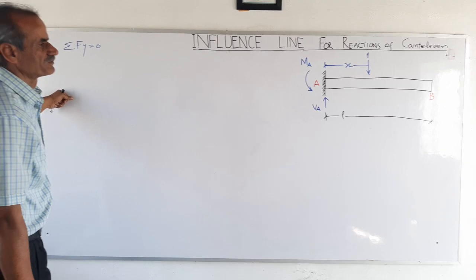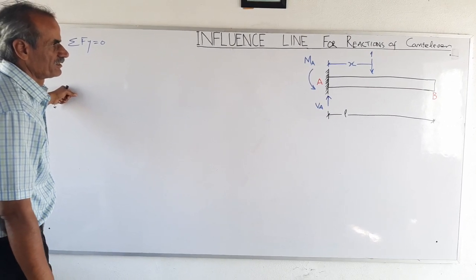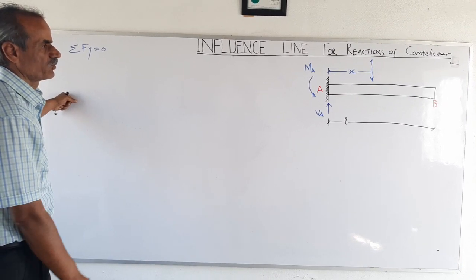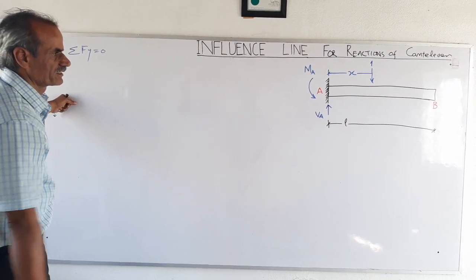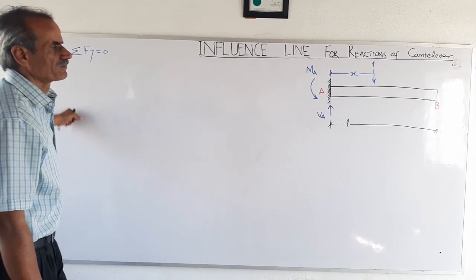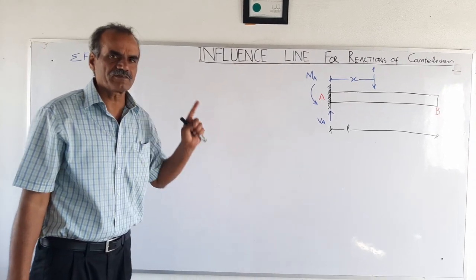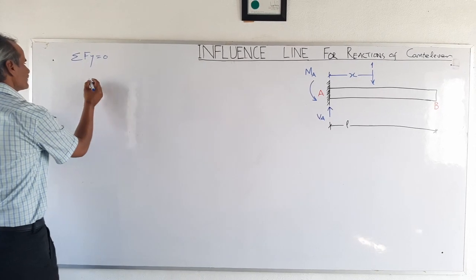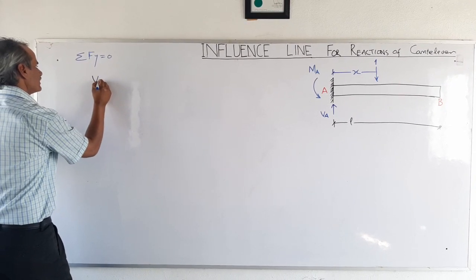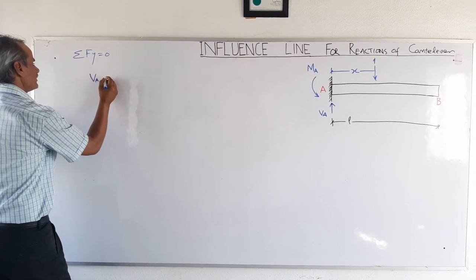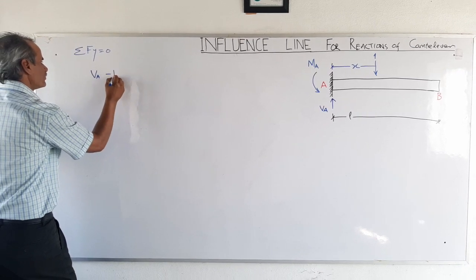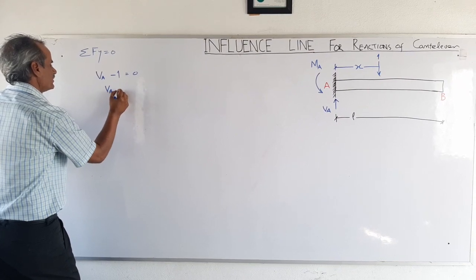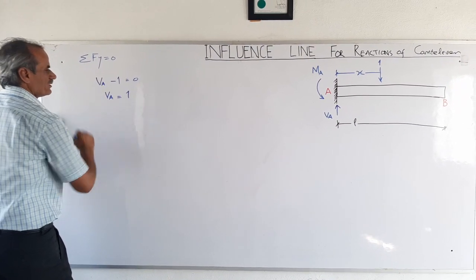This becomes extremely simple: over the whole length of this cantilever beam, the application of this force gives the ordinate of the reaction at A: VA minus 1 equals 0, meaning VA is equal to 1.